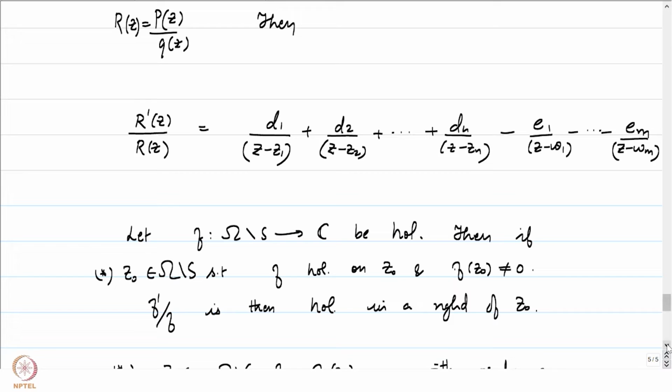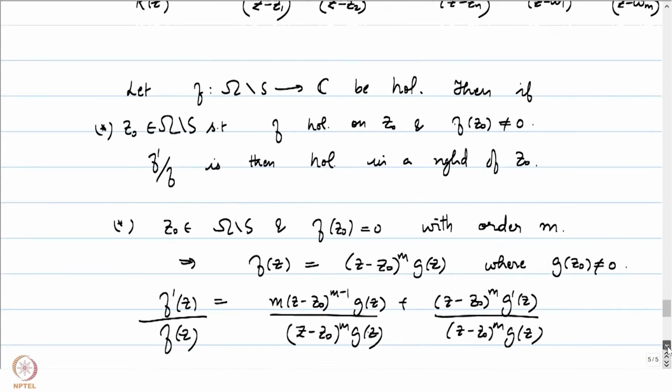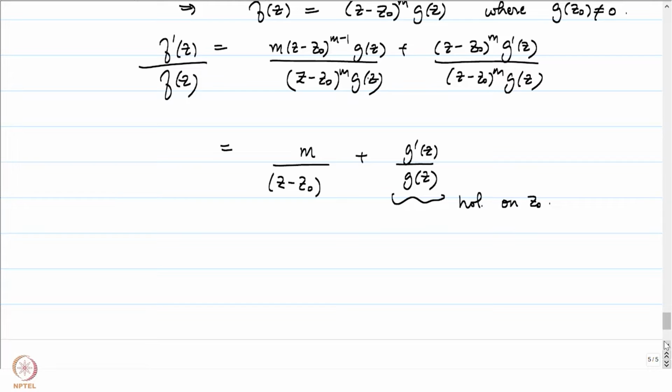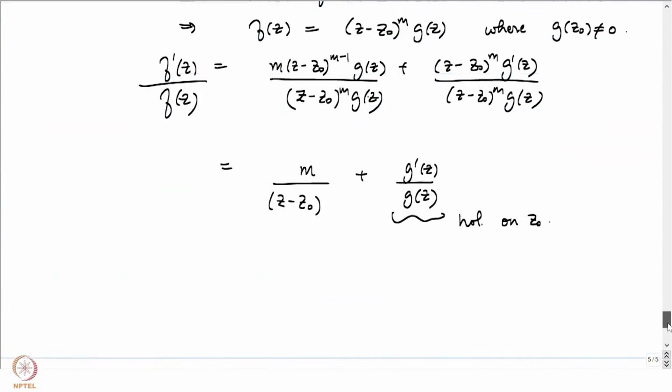When the pole appears, the residue is minus ei, and that is something similar that is happening here as well, at least in the case of zeros which we have just checked. There is a simple pole at z0 which is a 0 of f, and the residue is equal to the order. So, in some sense, using the log derivative, we have reduced the problem of finding the order of a 0 to finding the residue of this particular function f prime by f. That is the case when f of z0 is equal to 0.